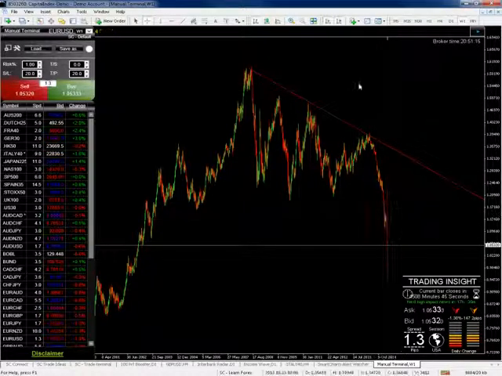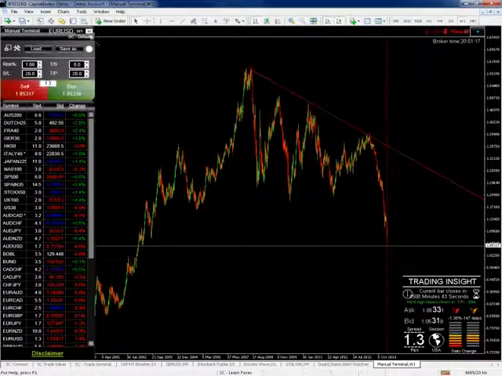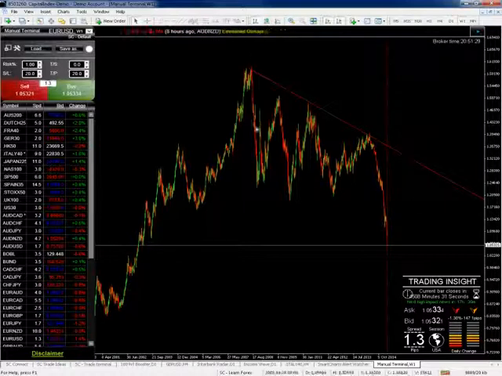So this is what you have to do. You have to go into higher time frames and look at what's happening, and it will tell you a story. It's like reading a book. You look at a chart and see what has been happening for the past 6 months, year, 10 years, and so on, and then analyze the market, put some levels up, trend line, support, resistance, and then see how far it can go.